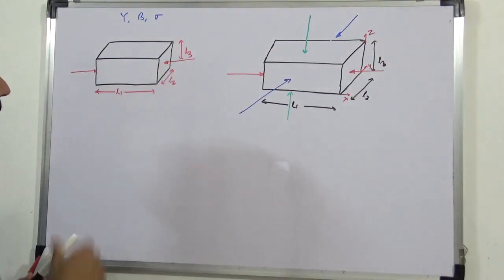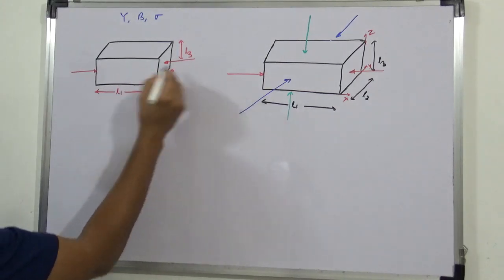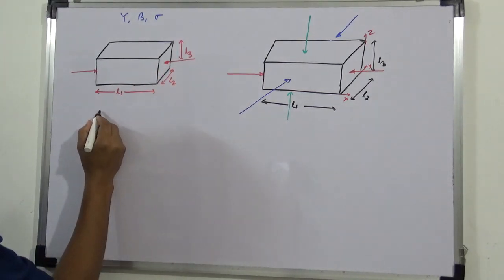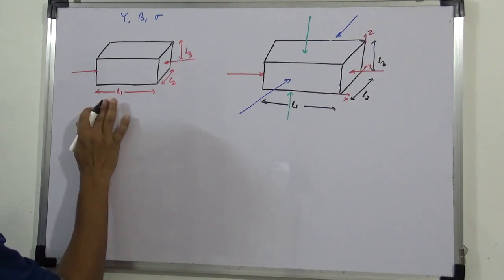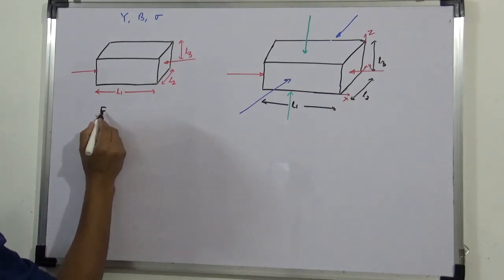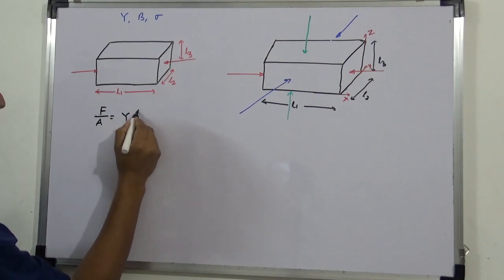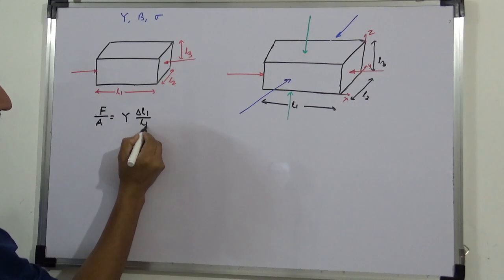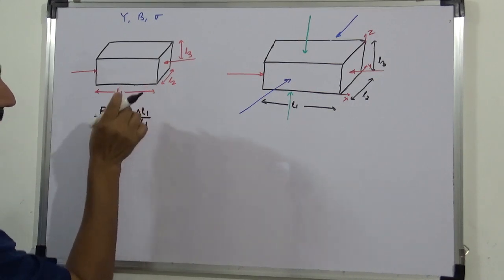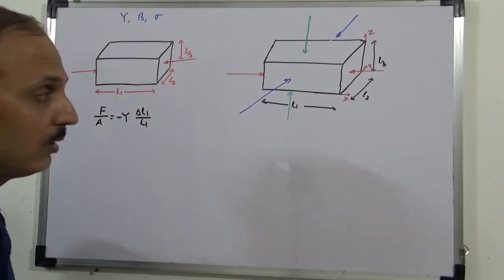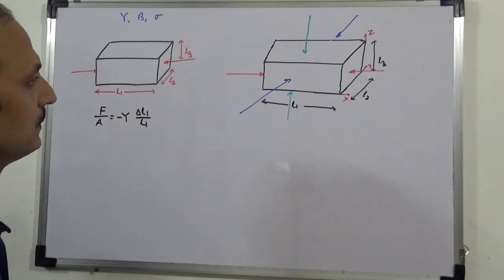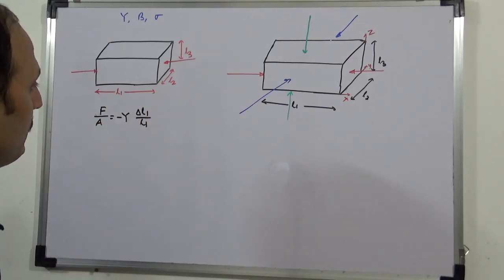So due to the force along the x-axis, I can write force by area, force along x-axis by area, equals Young's modulus times delta L1 by L1, and it will be minus because L1 is decreasing because of the force along the x-axis.